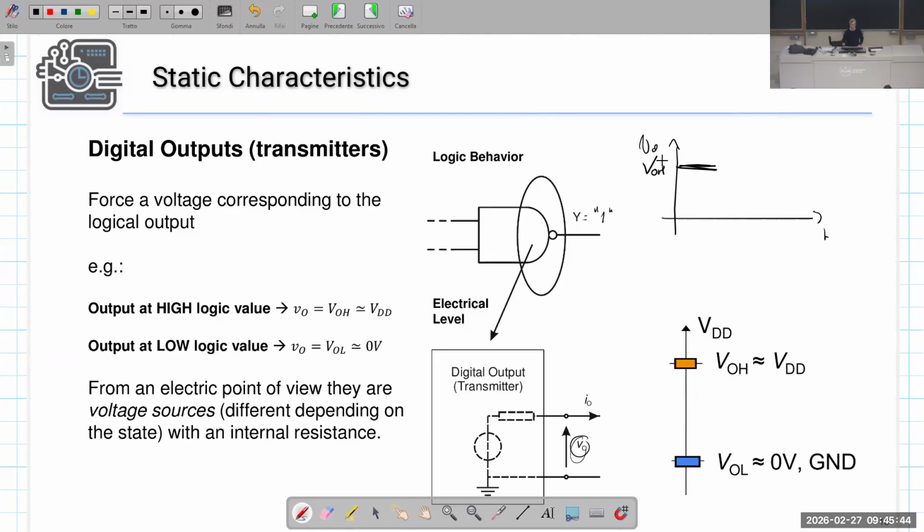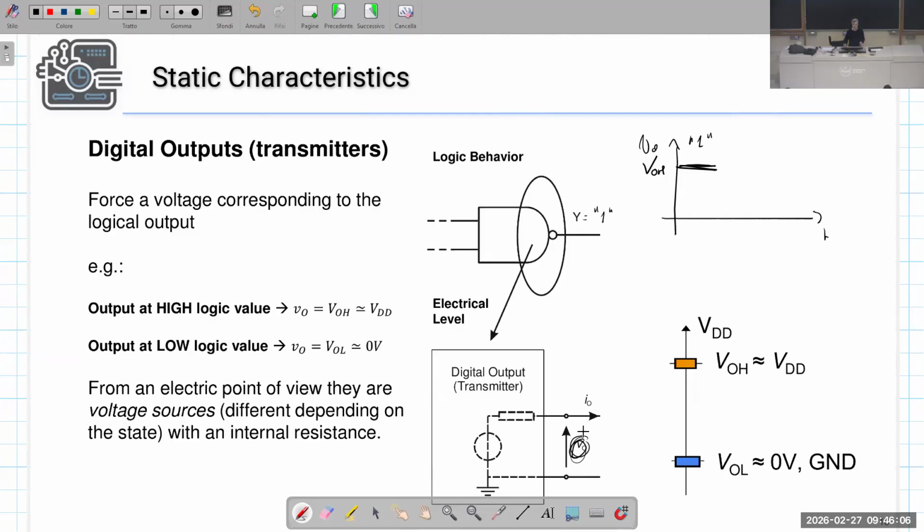That means output voltage at the high level. This encodes what we call the logical one.